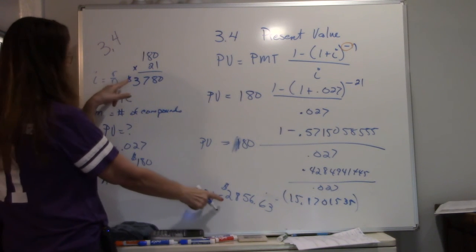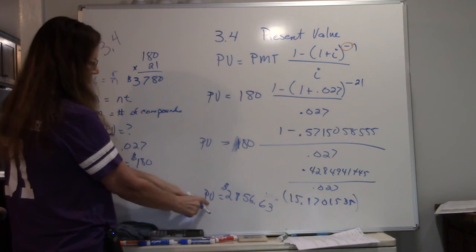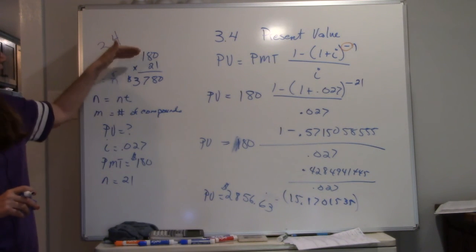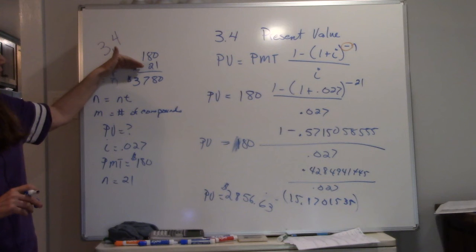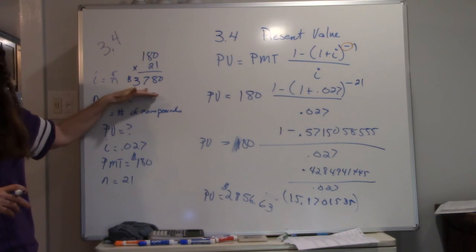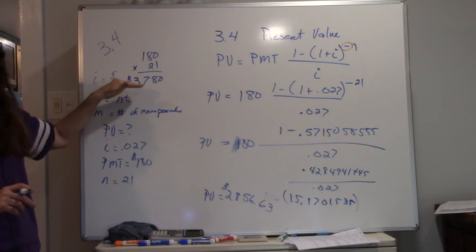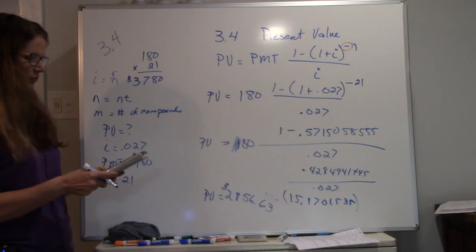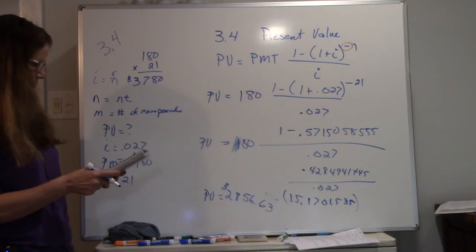Well, why the discrepancy? Why is present value 2,856, but when I multiply my payment times how many payments, I get more? Well, that more is your interest. So if you want to find out how much interest you've paid, you're going to subtract the two.